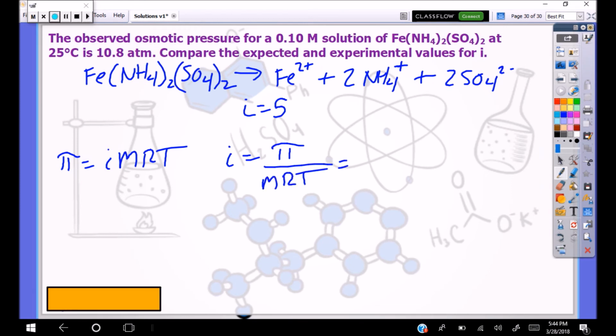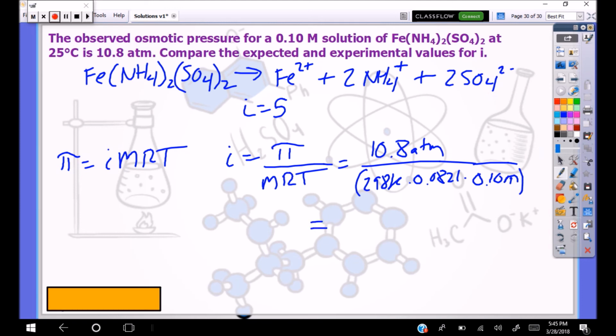We know that our pressure is 10.8 atmospheres, and then we've got 298 K times 0.0821 times our concentration of 0.10 molar. When we get our answer, we get 4.4.